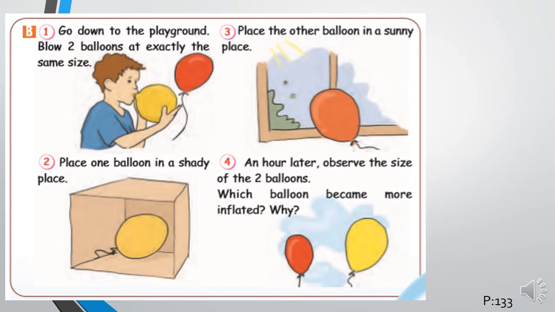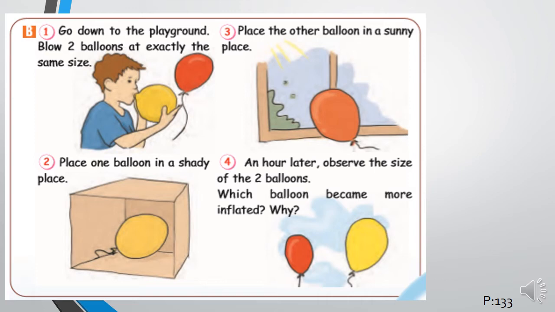The sunny place. Excellent. The one that I placed in the sunny place. Why? Because the gas particles which are found inside the balloon started to heat. And when the gas particles are heated, they expand. They need more space.